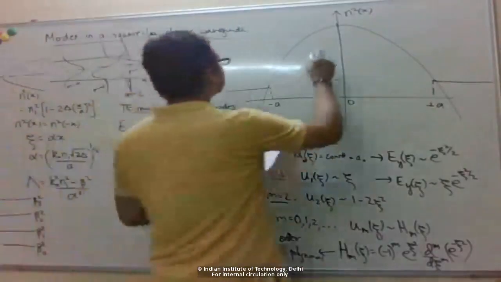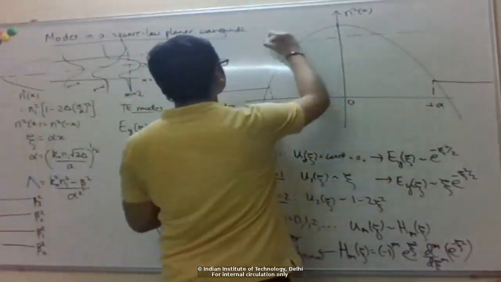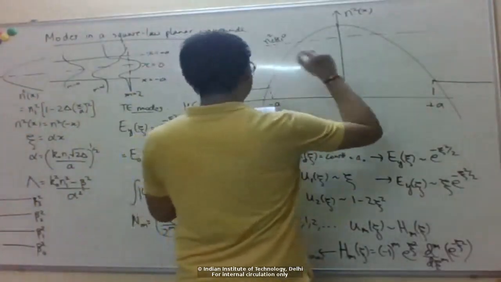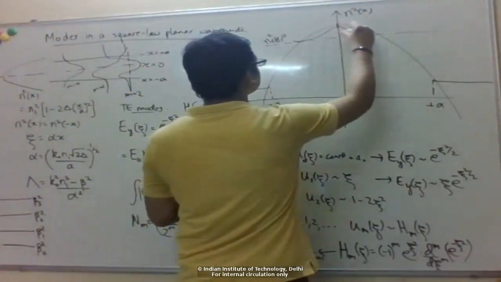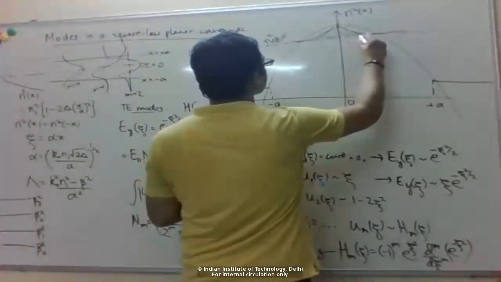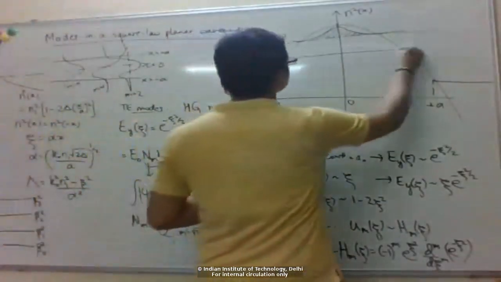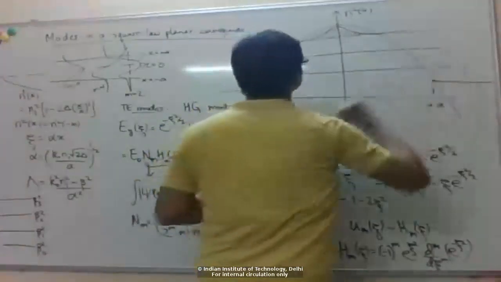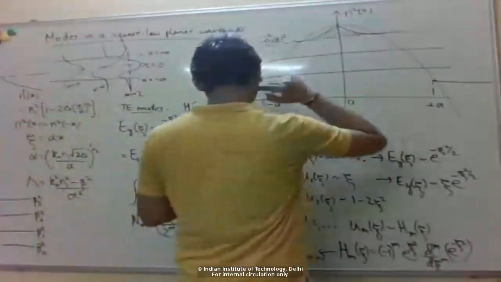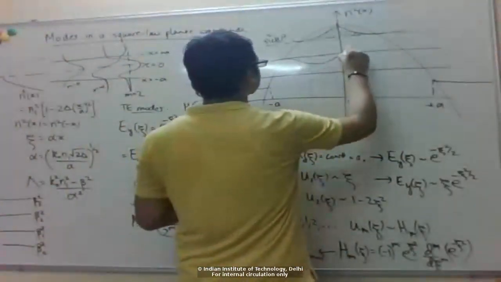Then m equal to 0 will have the highest index. So this will be the effective index squared for mode 0, and the mode profile looks like a Gaussian function here. The next ones will be equally spaced, as we saw. So this one will look something like this.